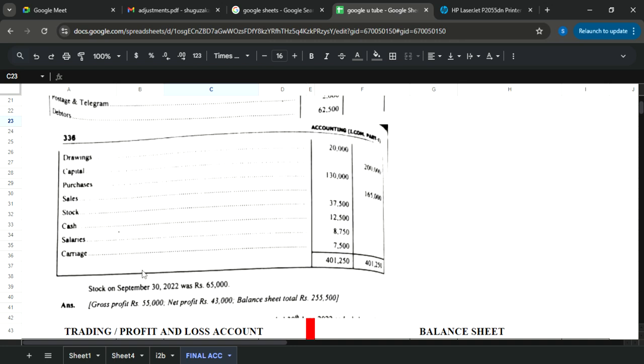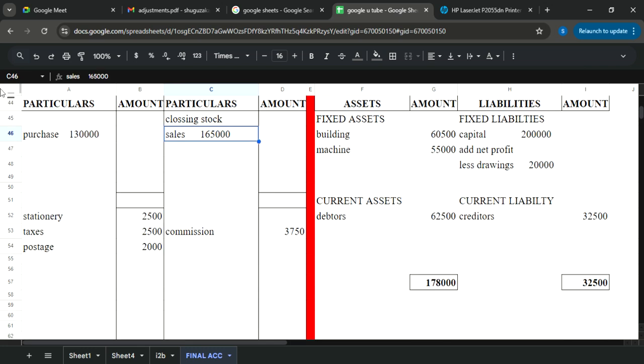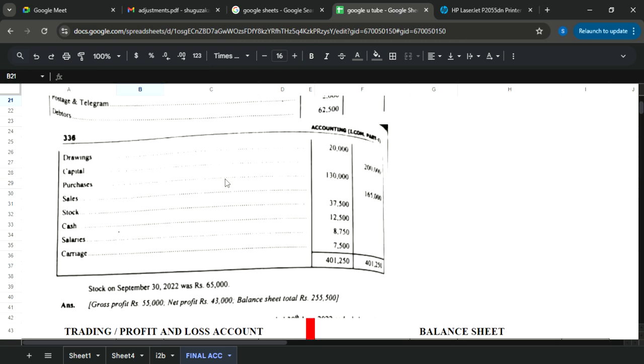For the time being, just consider that stock at the end is given separately. So it's an opening stock. We will go to the trading account. Just write down opening stock over here.